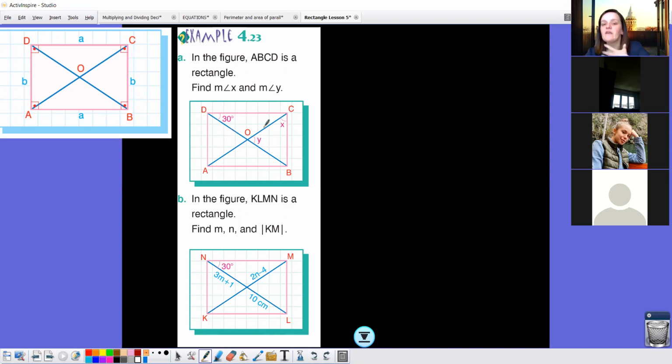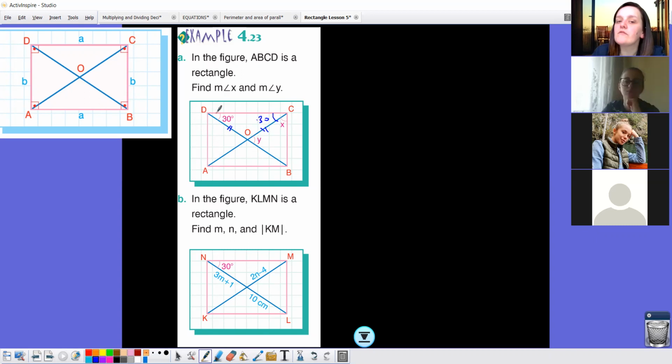So here, if it is given to us that this shape is a rectangle, we know that OD is same as OC. So this triangle is an isosceles triangle. So if this one is 30 degrees, also this one will be 30 degrees, yes?